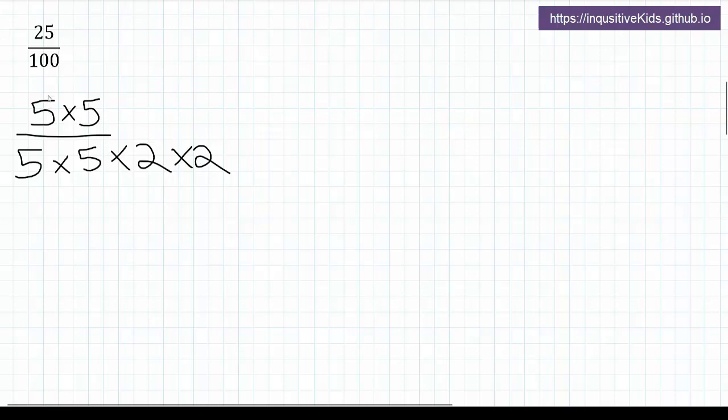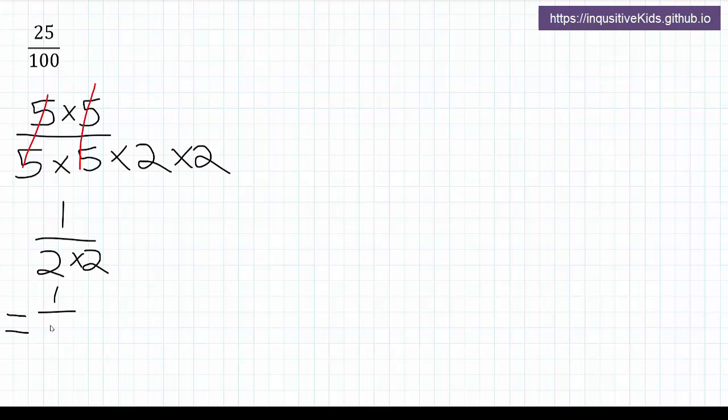The two 5's cancel out, which leaves us with 1 on the top and 2 times 2 on the bottom. Then we re-multiply the bottom numbers and we get 1/4.